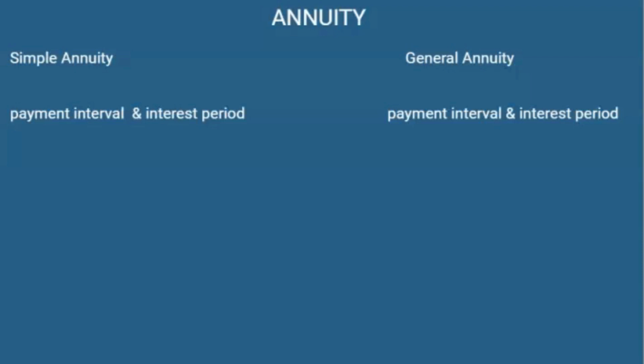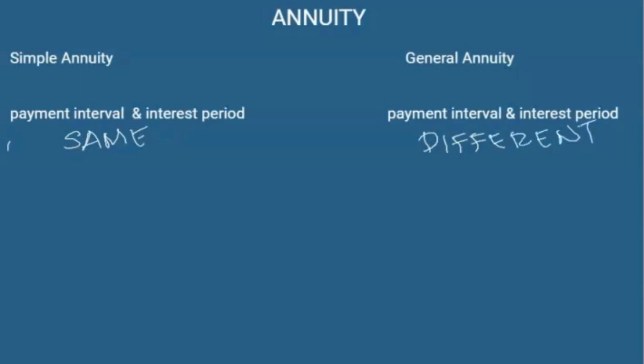The difference is that for simple annuity, the payment interval and interest period is the same, whereas for general annuity, the payment interval and interest period is not the same, or different.